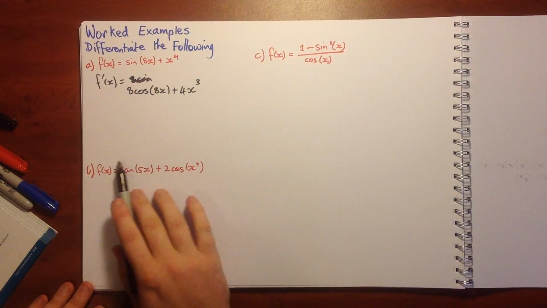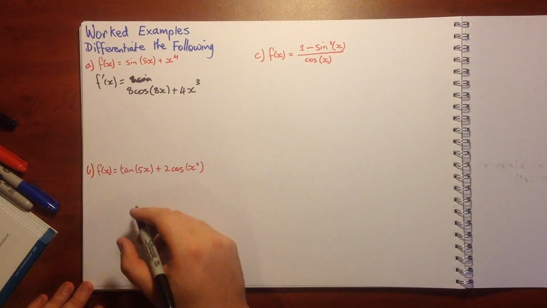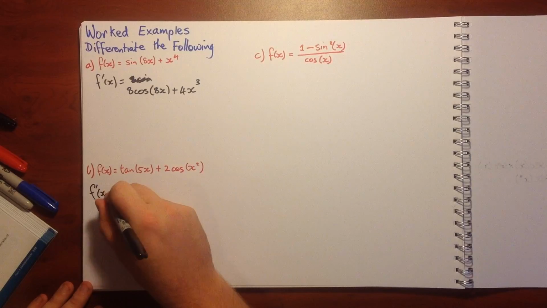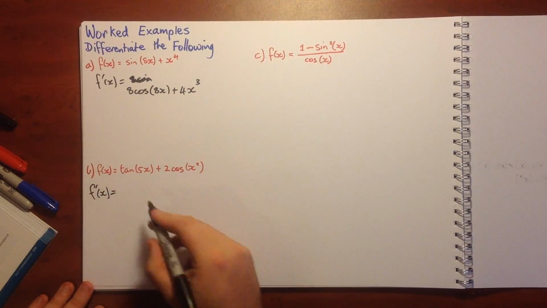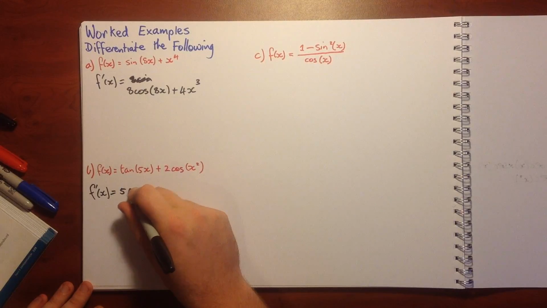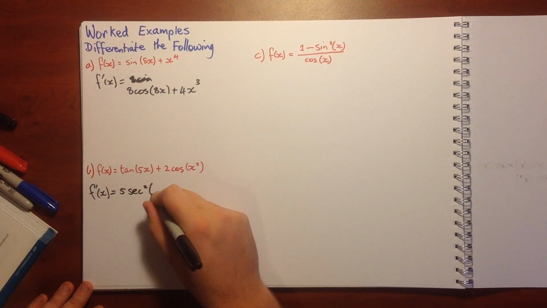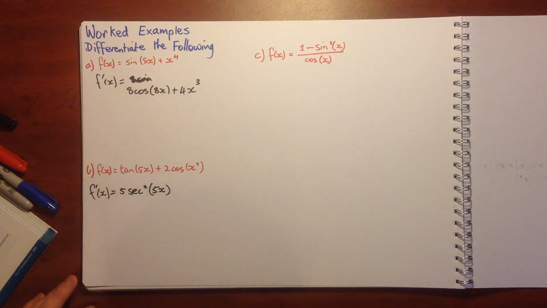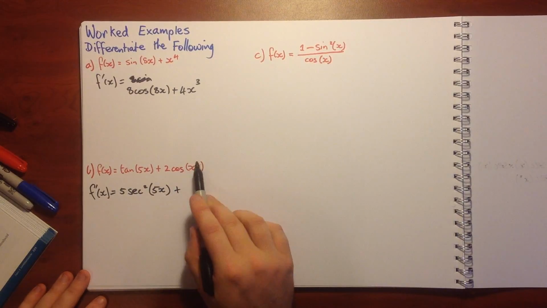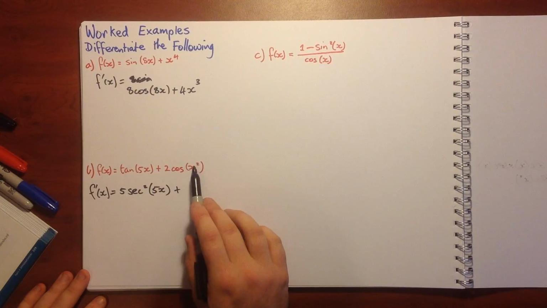For this one, our tan and our cos part. Our tan, we know straight away goes to sec squared, and our 5 comes out the front. So we get 5 times sec squared of 5x. Plus, we've got a function here, so it's the derivative of this function.